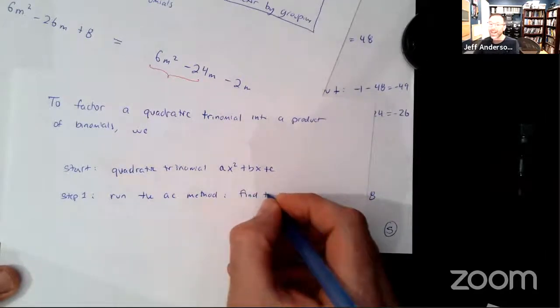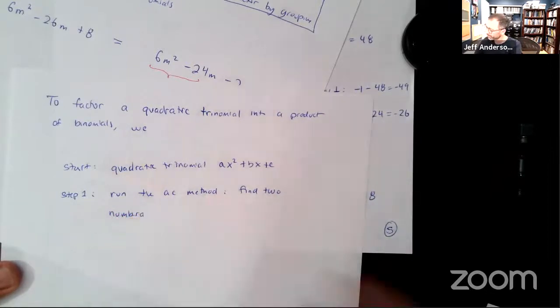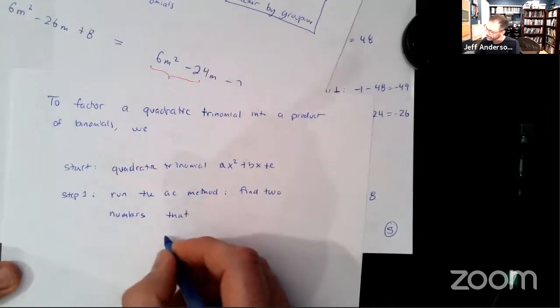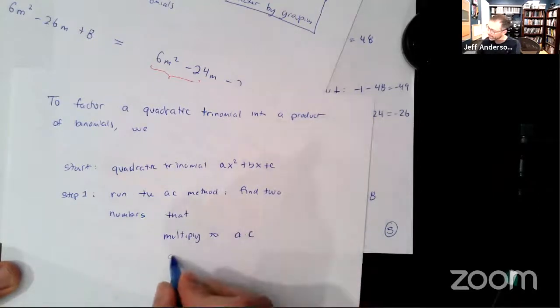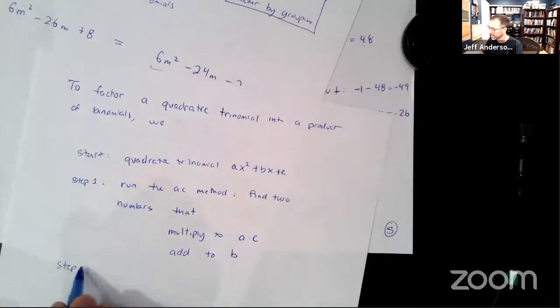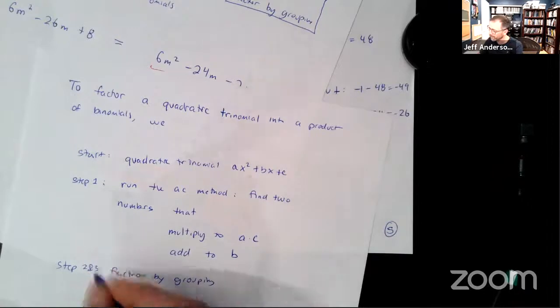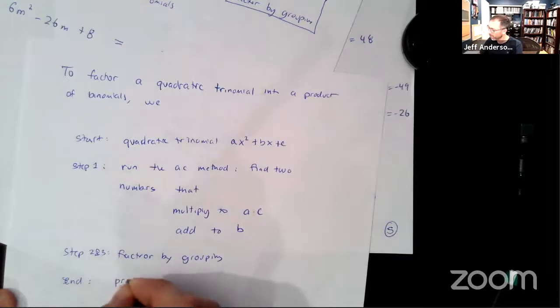And that's going to be to find two numbers that multiply to a times c and add to b. Step 2 is going to be factor by grouping. And really this was steps 2 and 3 because there are two different parts of that. And then end with a product of binomials.